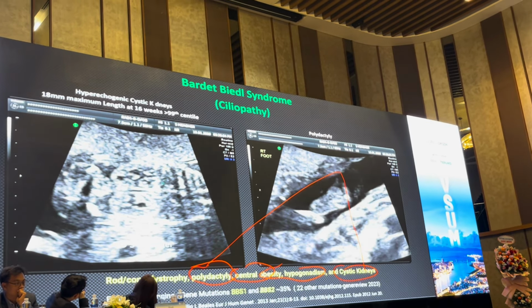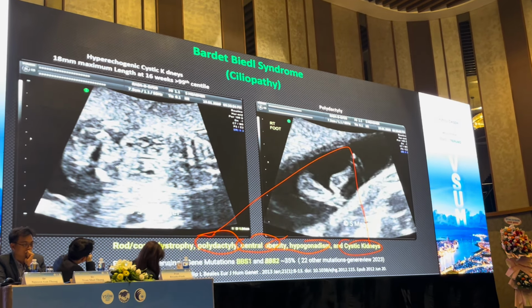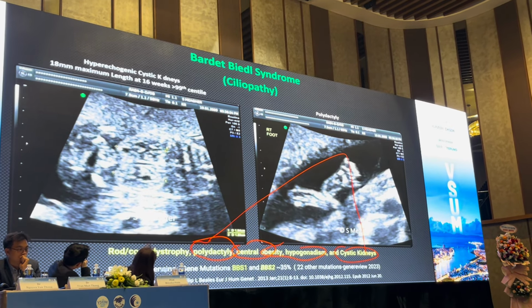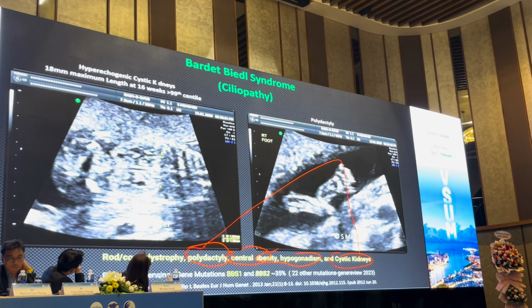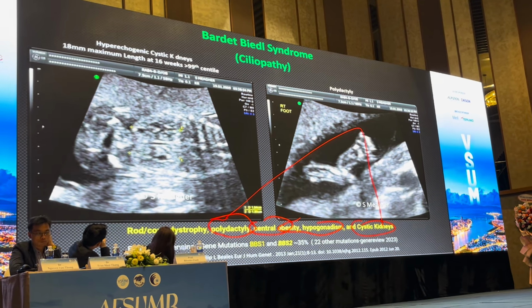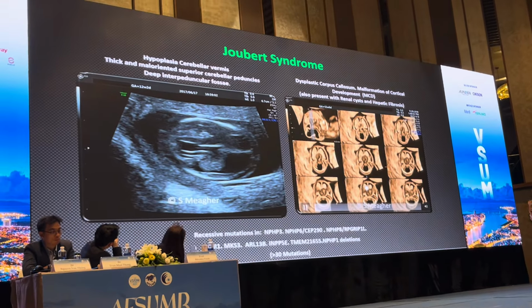So if you're ever faced with cystic change in the kidneys that does not fit the classic appearances I've described, you need to go looking at the feet for polydactyly, either as part of Bardet-Biedl or part of Meckel-Gruber syndrome. And then there's Joubert syndrome, which we described yesterday.